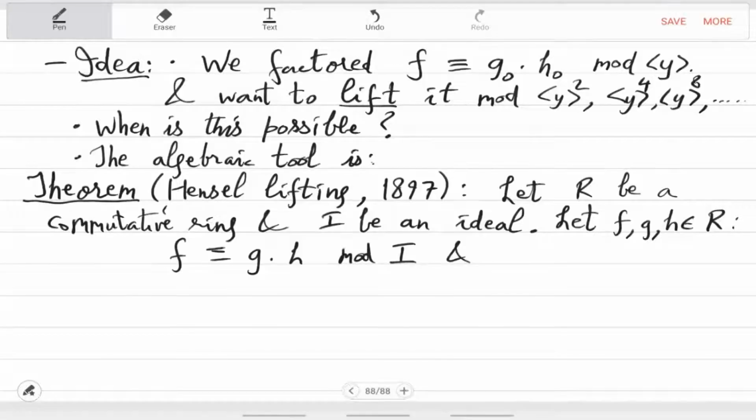One condition is that G and H should be somehow co-prime, which will not make sense for every ring. But what will make sense is Bezout identity. So we'll actually assume Bezout identity. So we'll assume that AG plus BH is 1 mod I. So this is what is called pseudo coprimality.